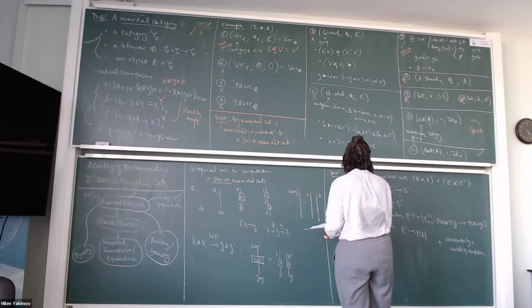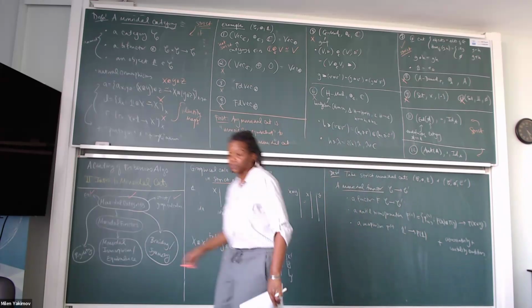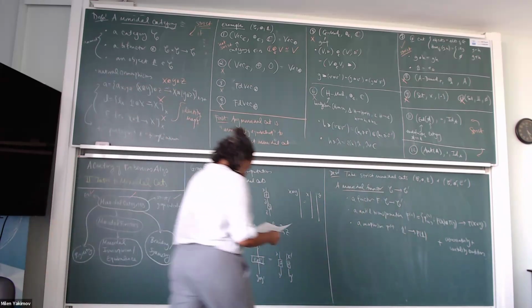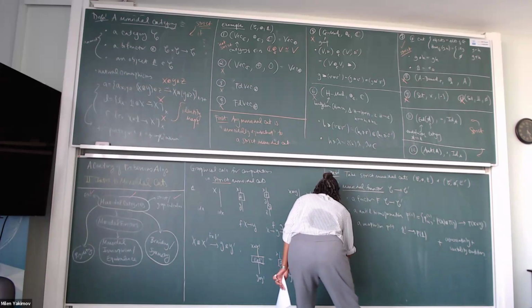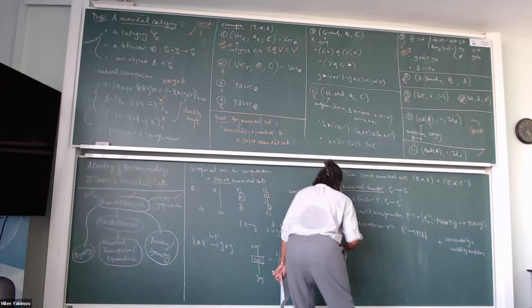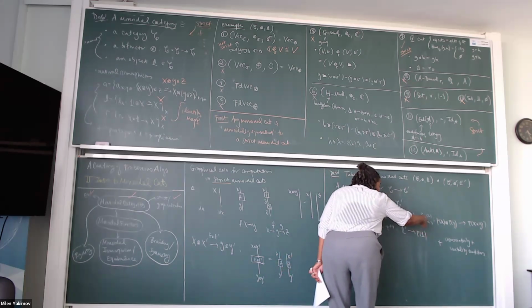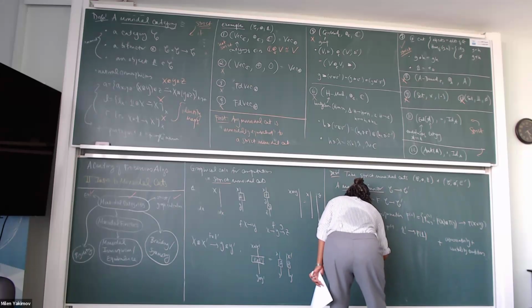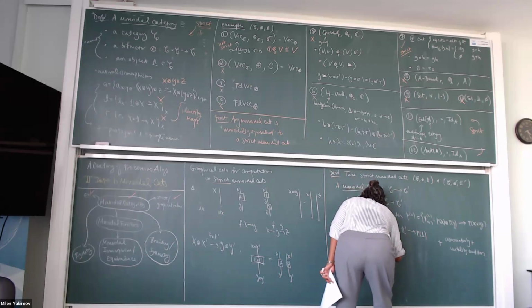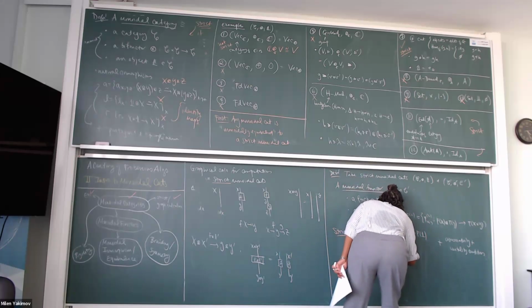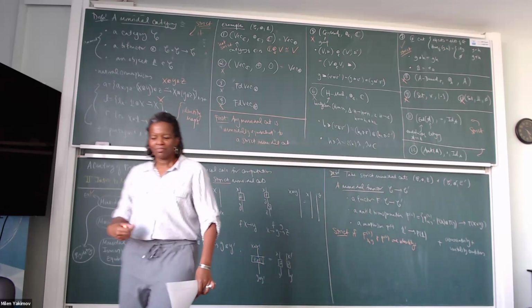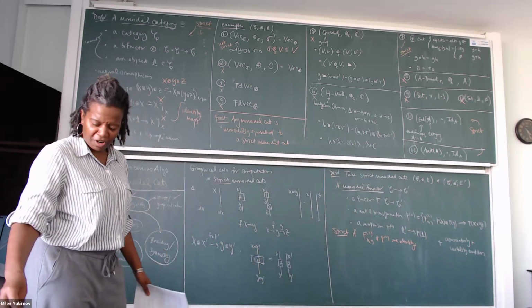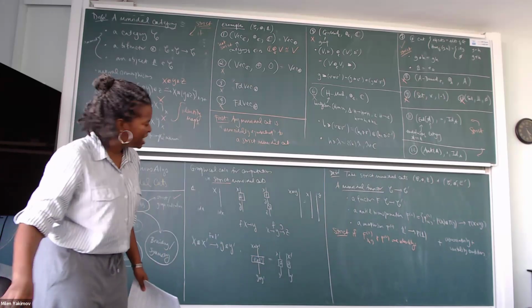Now, this thing is strict if all these morphisms in the picture are identities. But that's actually quite, you know, it's another word for strong, it's a very beefy condition.